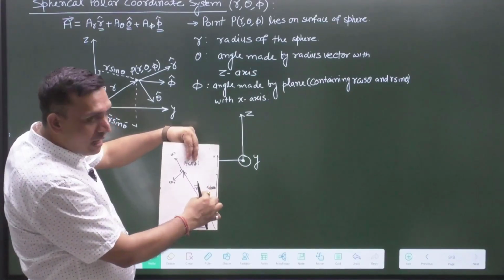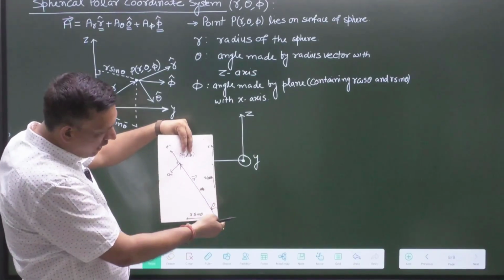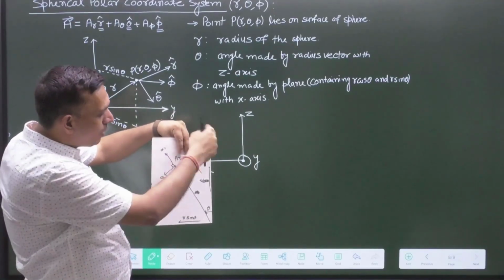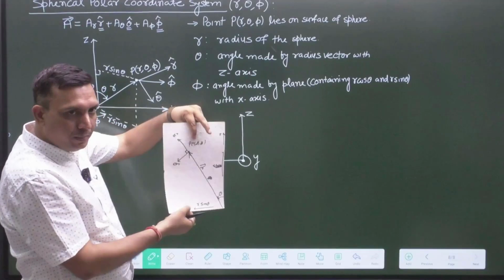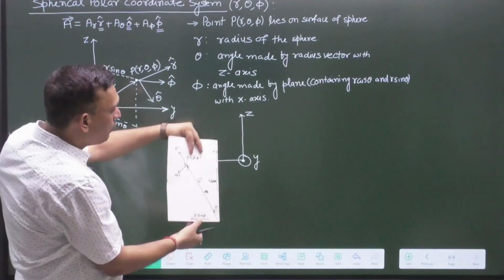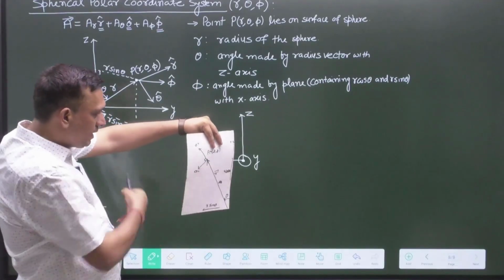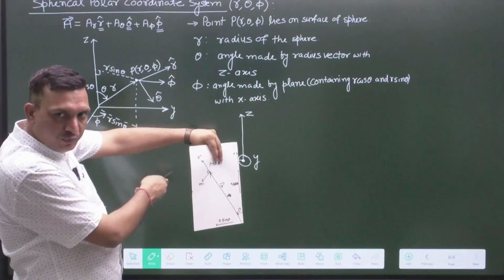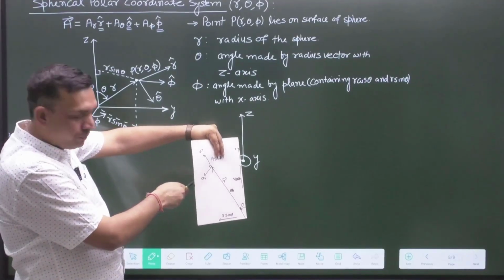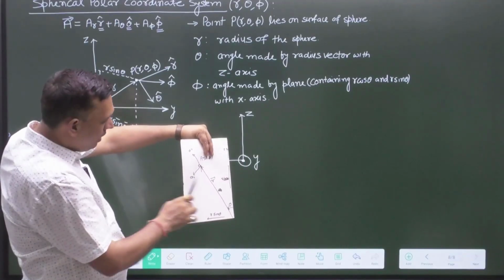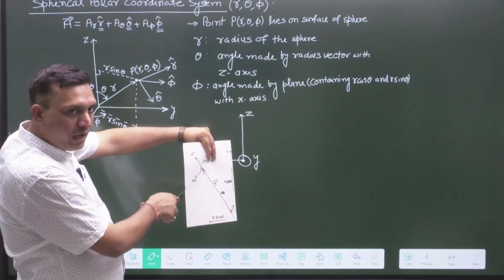So this is r cos theta, and this is r sin theta. So r cos theta and r sin theta will make this plane that I have drawn here, and that plane makes an angle phi with the x axis. This is the x axis. This angle is phi. So this is r, this is theta, and this angle is phi.